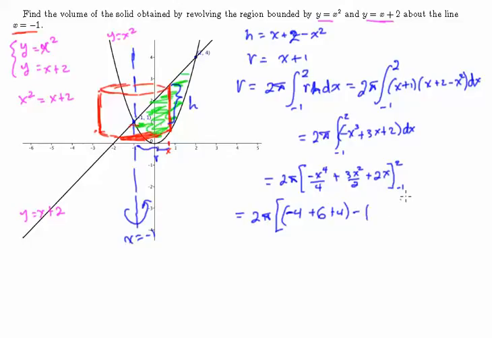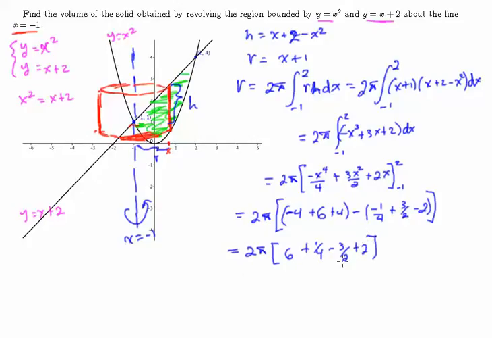Minus, plug in -1, that will give us -1/4 plus 3/2 minus 2, or 2 pi times 6 plus 1/4 minus 3/2 plus 2.